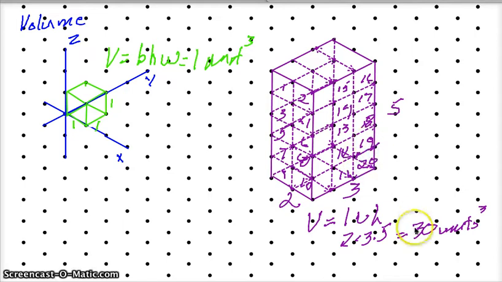That's 20. So we're missing 10 more, and guess what? These fellows are back here on the back side right here. So we've essentially, let's color this in with green.